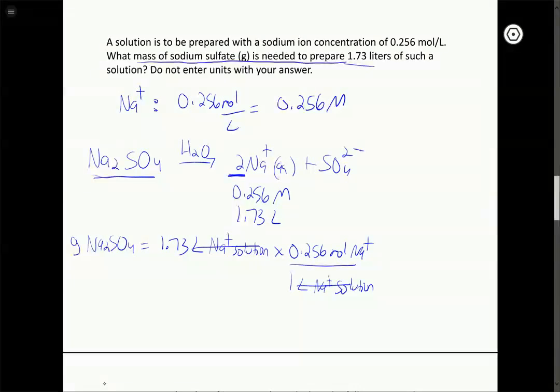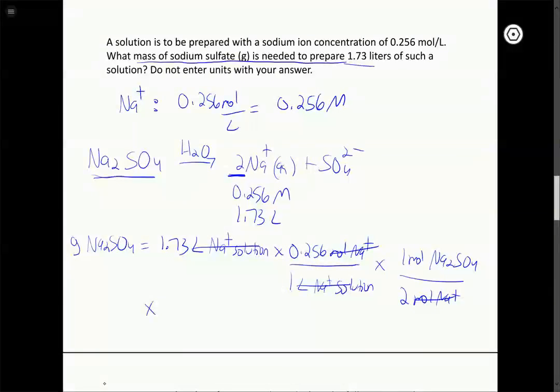So now we know how many moles of sodium plus we need, and then from the dissolution equation we know that for every 1 mole of sodium sulfate, that's going to give us 2 moles of sodium plus. So moles of sodium plus cancel out, and that gives us moles of sodium sulfate.